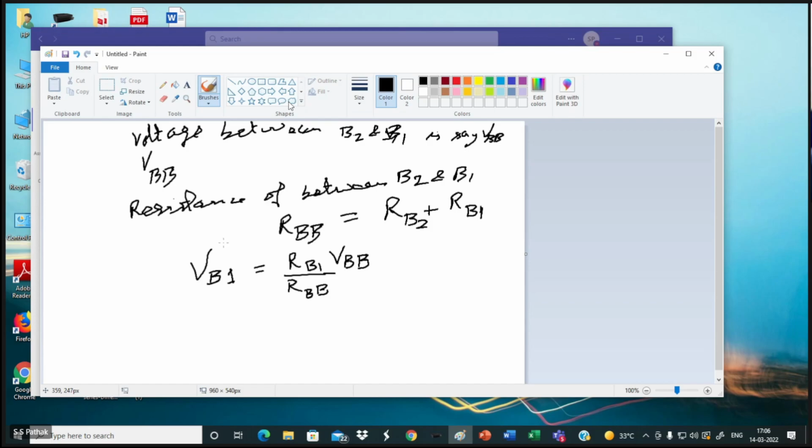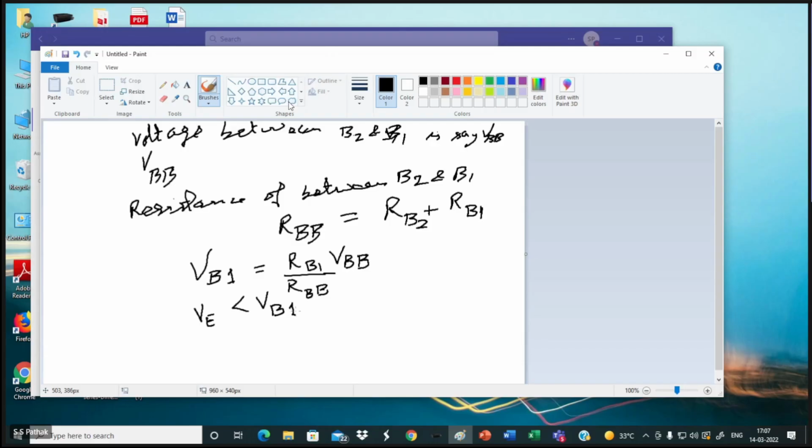Okay, first of all, let us see what way the bias is helping there. One condition is VE less than VB1. Another is VE equal to VB1. And the third one is VE greater than VB1.